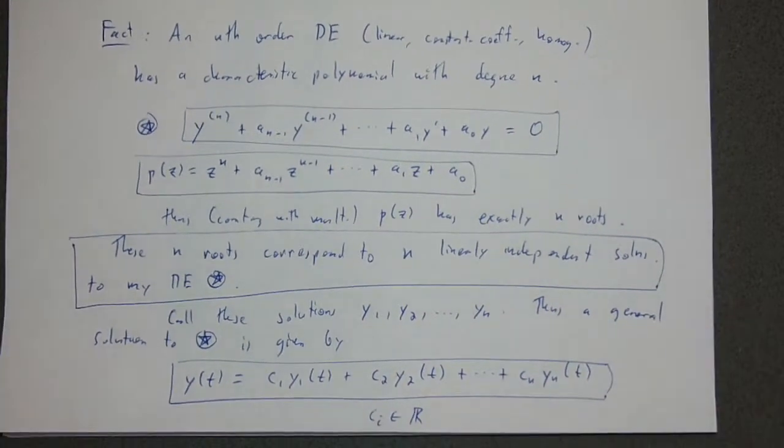Right? And these y1, y2s are the n linearly independent solutions that arise from the roots of the characteristic polynomial.